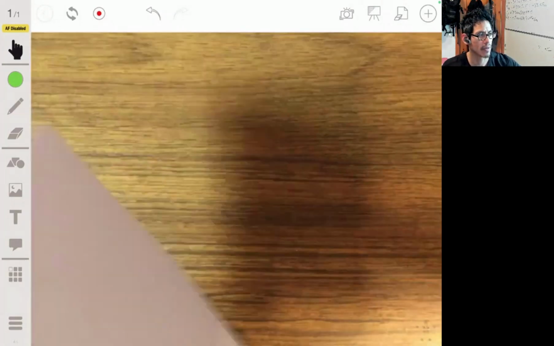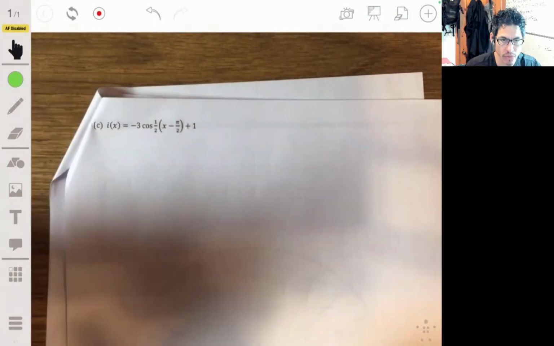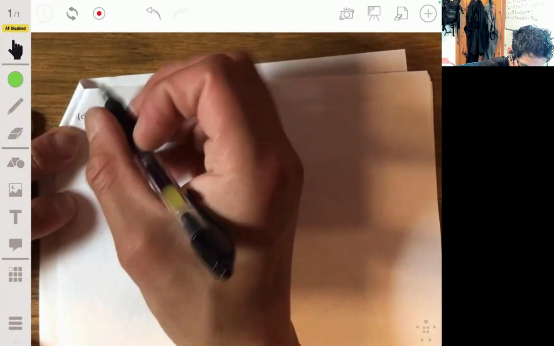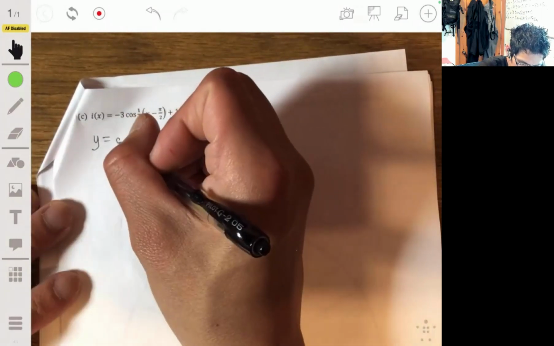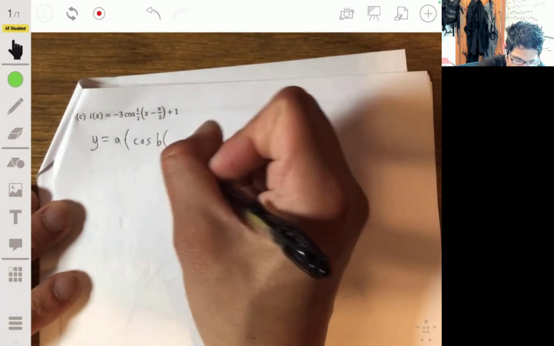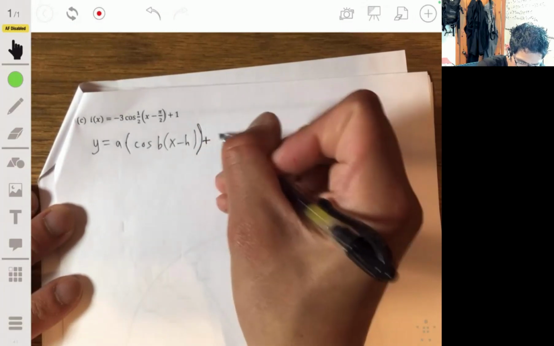Now for one more. All right, look at all this craziness. So let's write the equation again in general. Y equals A times the cosine of B times (X minus H), plus K outside.